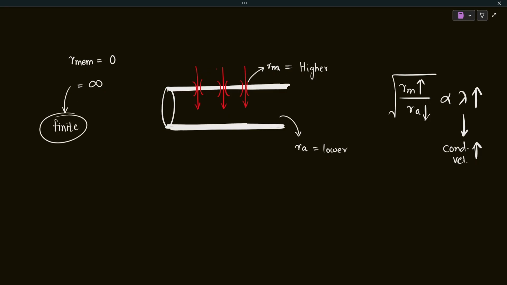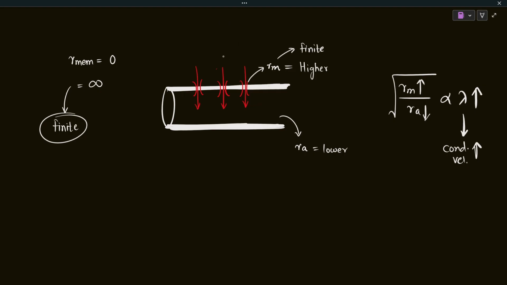So the membrane resistance will be finite due to the presence of the ion channels, right? But the number of ion channels will tell you how much resistance is being offered by the membrane. The more open ion channels there are, the lesser the resistance will be. But we need higher resistance for faster conduction, because whatever ion fluxes are being generated here, that are producing the ion current, that ion current should not dissipate throughout this membrane.